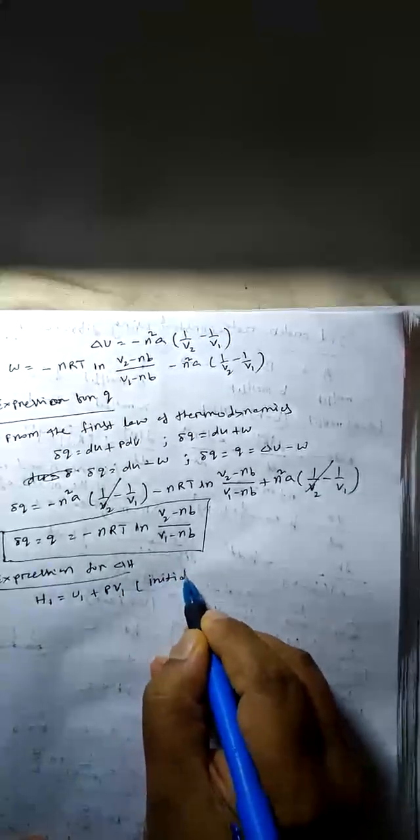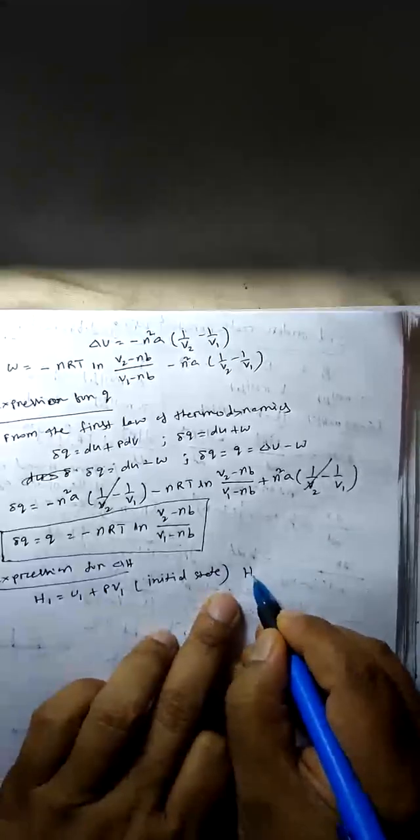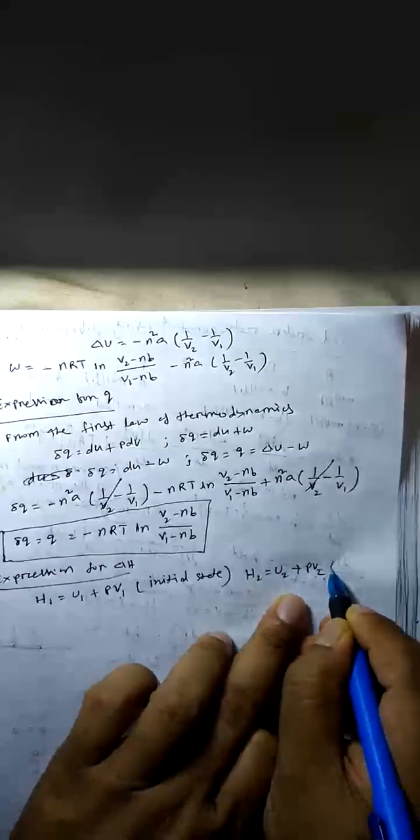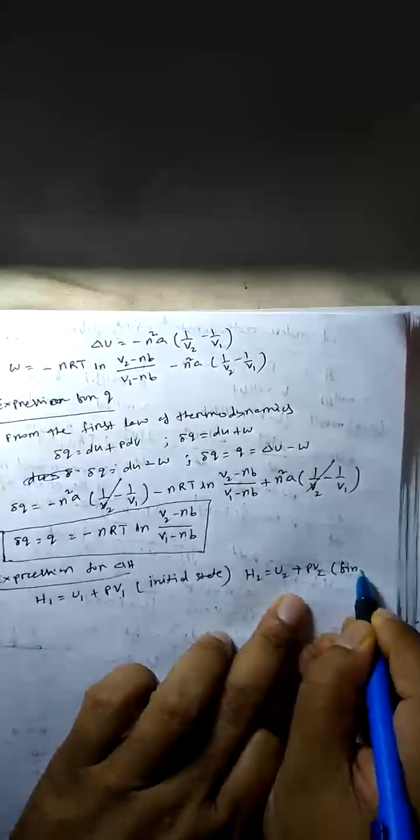That is called enthalpy. So pressure is constant. This is the initial state. The final state is H2 is equal to U2 plus PV2. This is the final state.